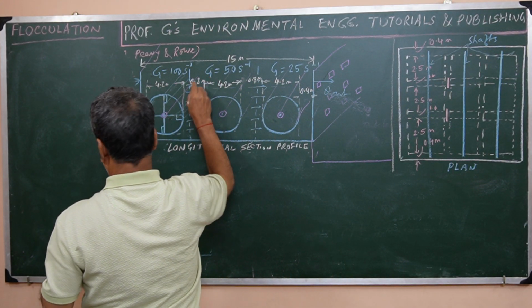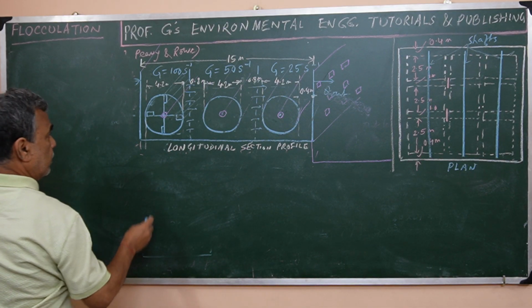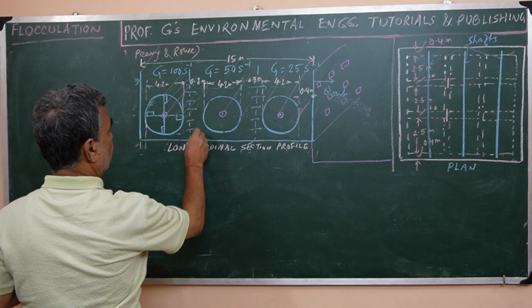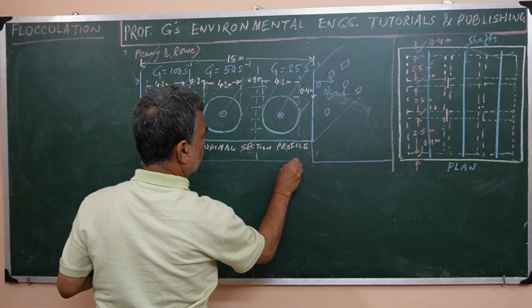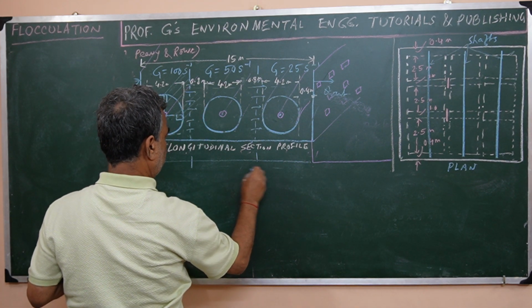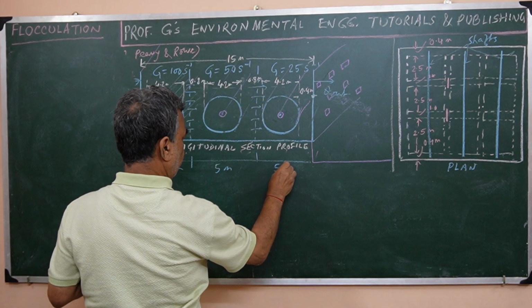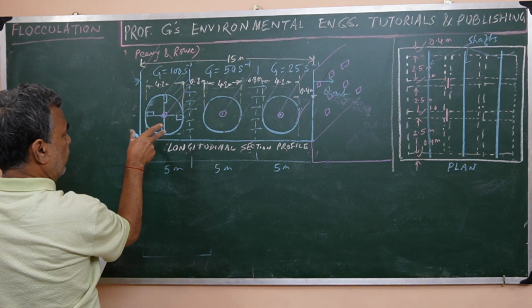Squarish in the sense that this is the total length, 15 meters, so each is having 5 meters, 5 meter, 5 meter. So that way, square means this way.